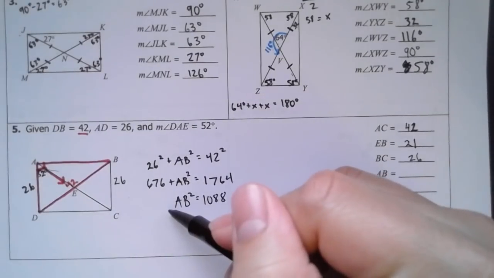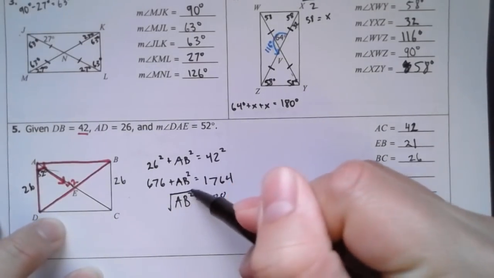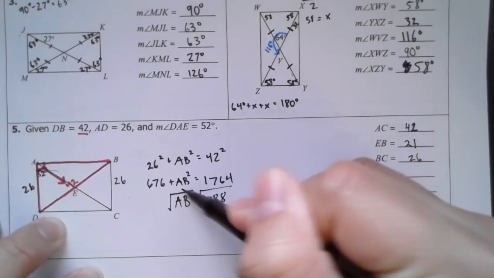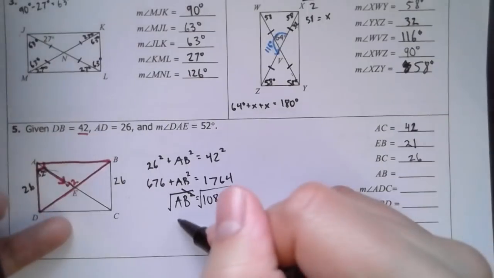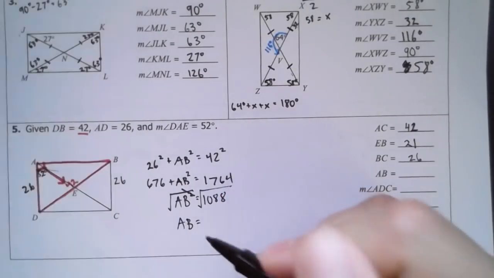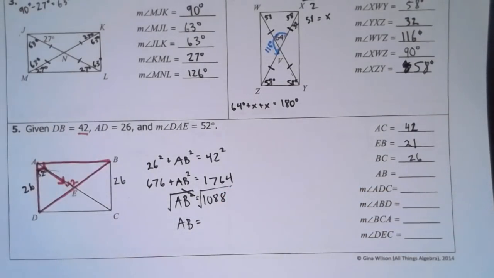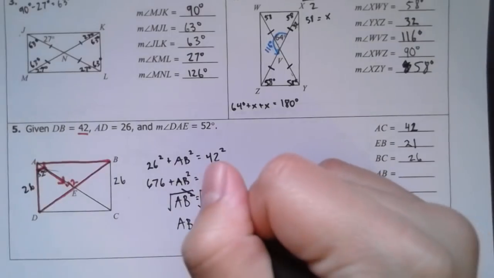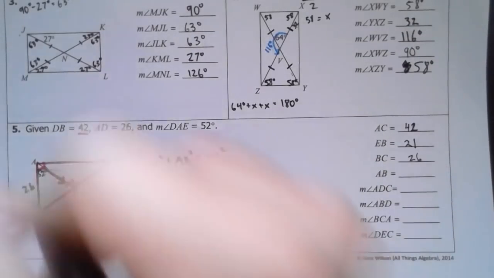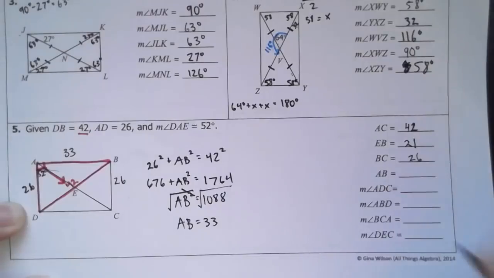Then you take the square root of both sides. The exponent and the square root cancel, and I get AB is equal to the square root of 1088. That's equal to 32.98, and if you round, you could just say 33. So then AB here is 33.